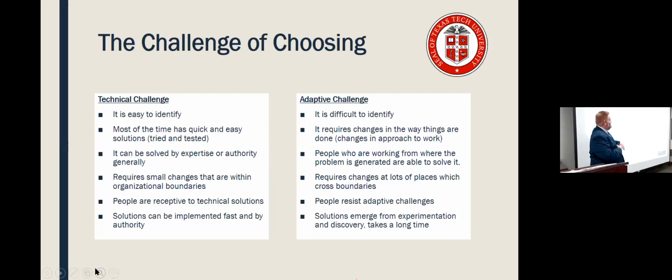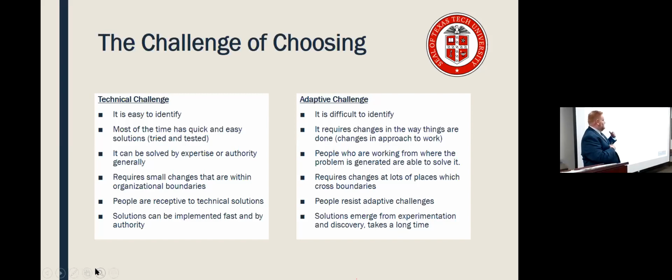It requires change in the way that things are done. So again, it can bring up new policies, new documents, those sort of things. People who are working from where the problem is generated might be able to solve it. And so we'll get into some of that with adaptive leadership and some of the behaviors.